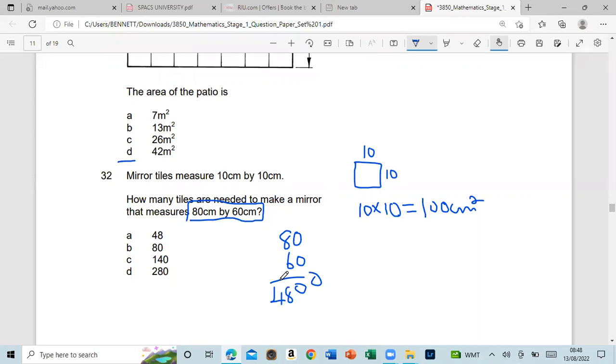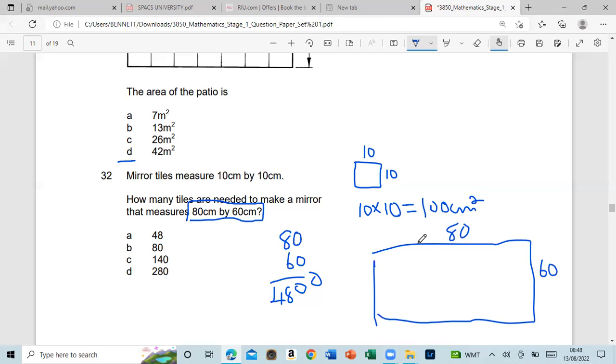This is the area for the total room, 80 by 60. But one tile is going to take up how much area? Each time you put on one tile, how much area does it take up? 100, right?